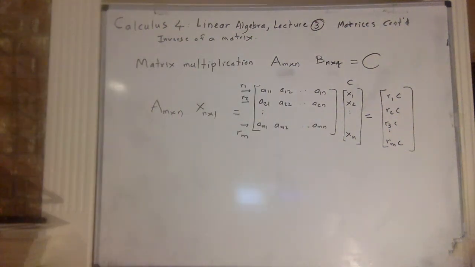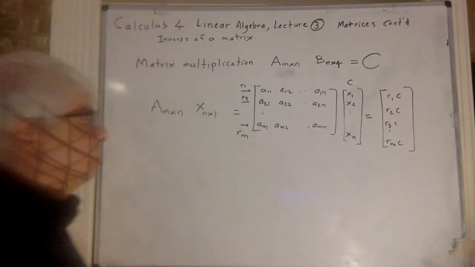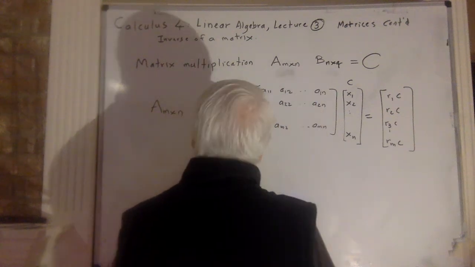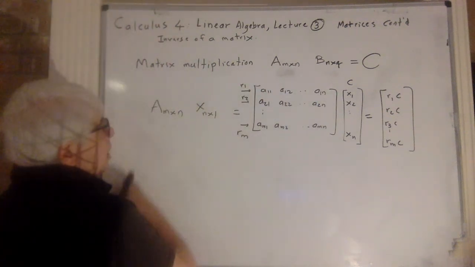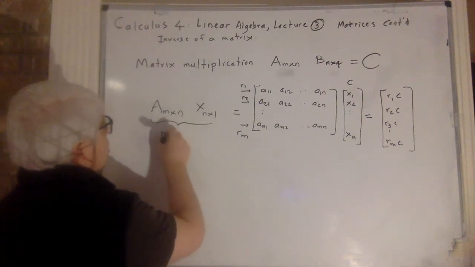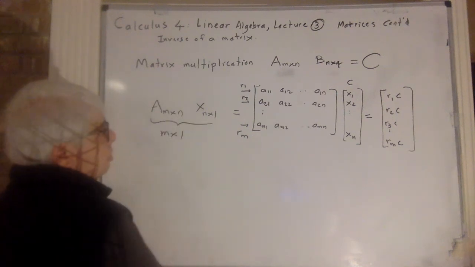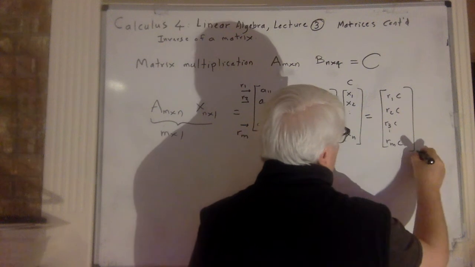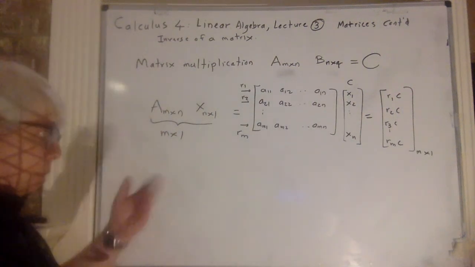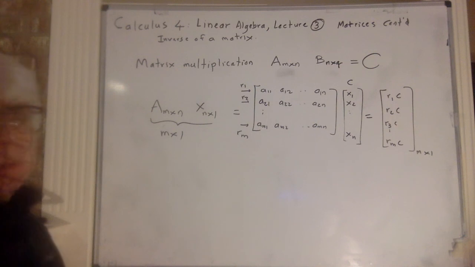And you can see that the result is in fact a column vector, which makes sense. This one is m by n, this is n by 1, so the result is m by 1. And you can see that it has m rows.